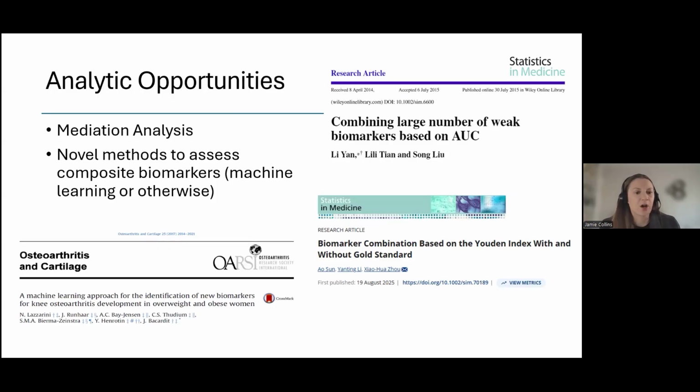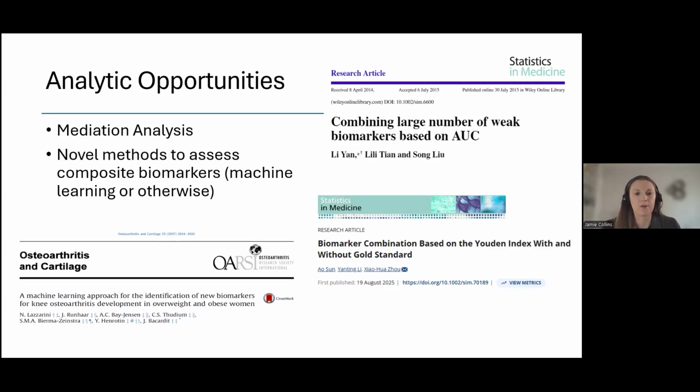I think there's also an opportunity to apply novel methods to assess composite biomarkers using machine learning or otherwise. And so we have all of these data. We've done logistic regression, we've done random forest, but are there novel ways that we can try to investigate composite biomarkers?